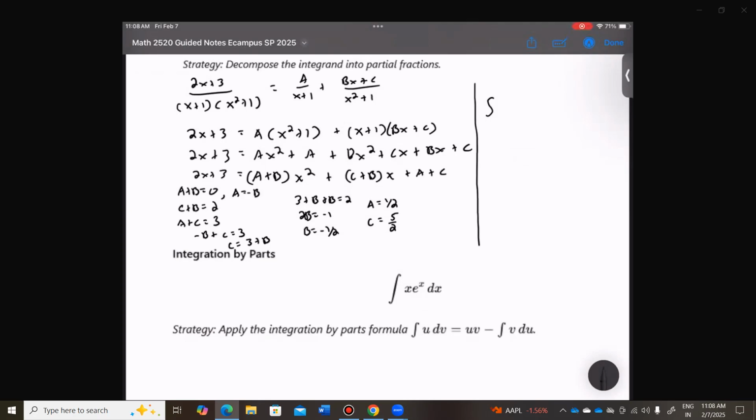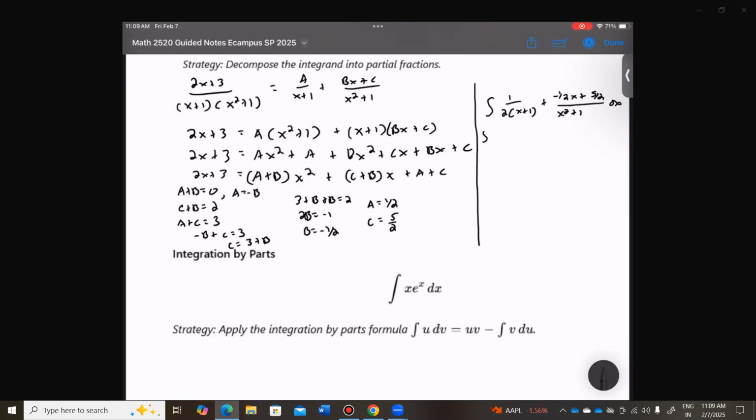We'll have a being 1/2, so we'll have 1 over 2 times x plus 1, and then b is negative 1/2, right? Yep. So we'll have negative 1/2 x plus 5/2 over x squared plus 1 dx.